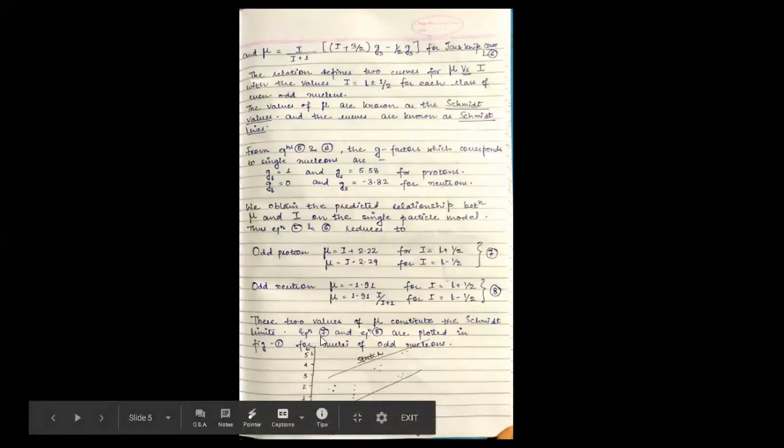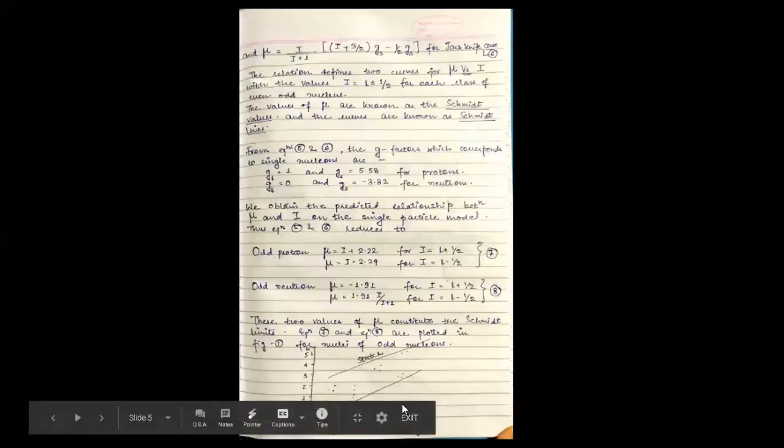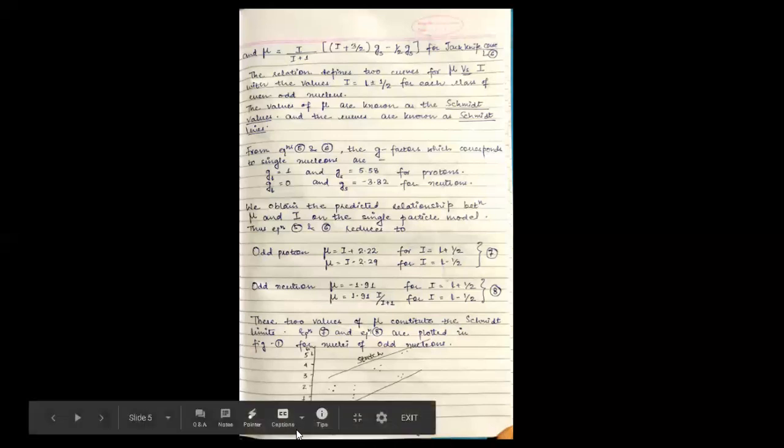Now equation 7 and equation 8 are plotted in figure 1 for nuclei of odd nucleons. Figure A shows the Schmidt plots for the odd proton case for J is equal to L plus or minus 1 by 2, giving the two lines as shown.